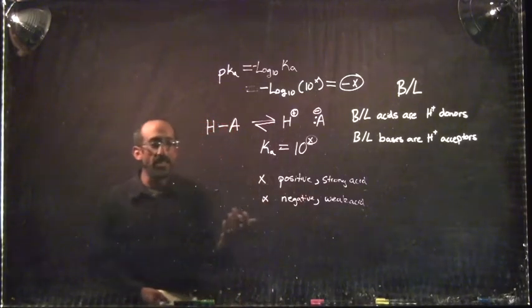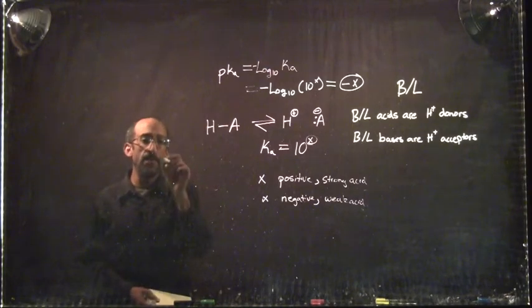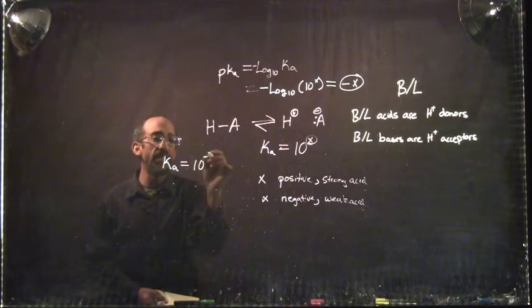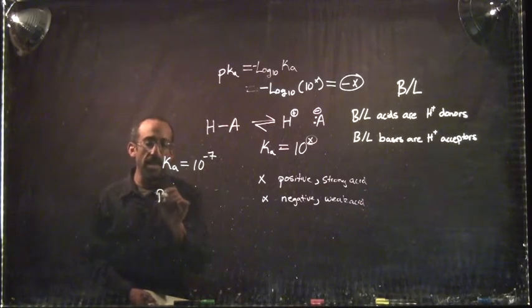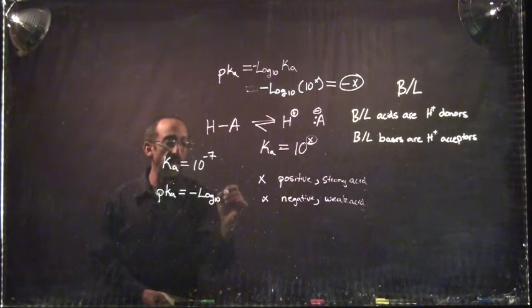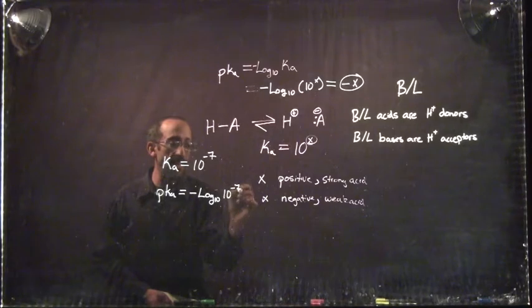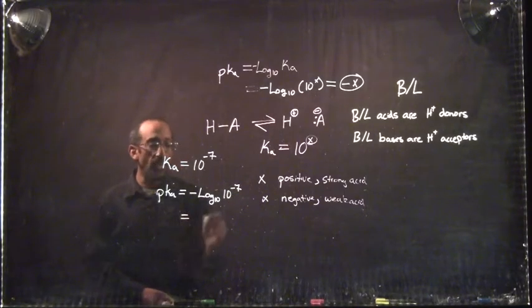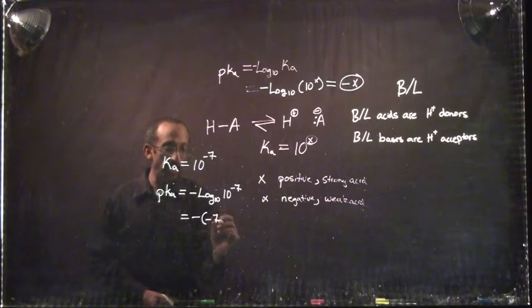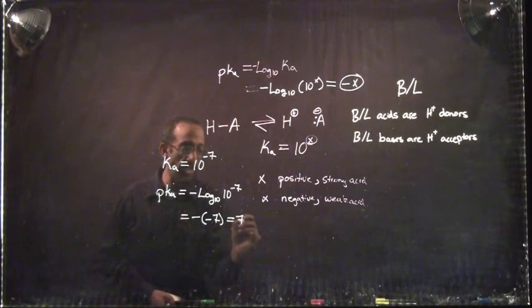And just for a simple example, if our Ka, let's say, is 10 to the negative 7th, our pKa is going to be negative log in base 10 of 10 to the negative 7. Solving that gives us negative times negative 7, which just equals 7.